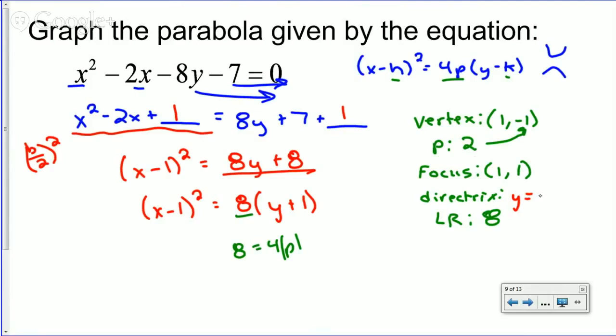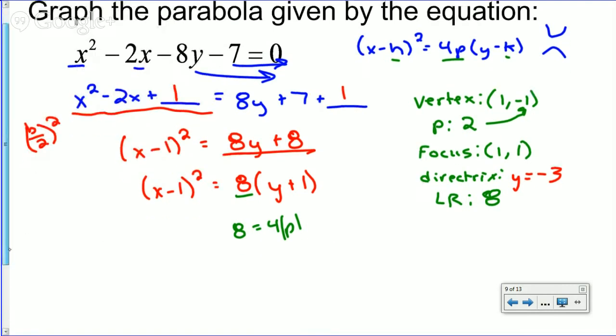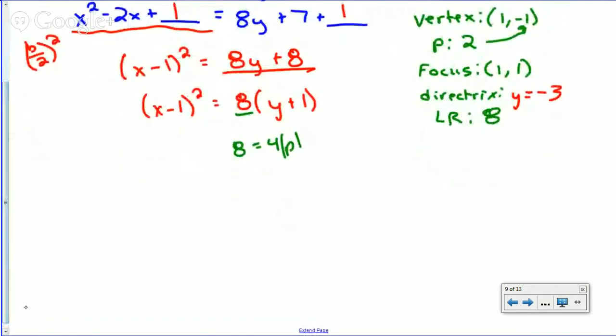So -2 plus -1 is -3. Okay. Again, all 5 of those you can see from that handout or printout that's on the website. So my vertex is at 1, -1. My focus is at 1, 1. Leaving my directrix at y equals -3.